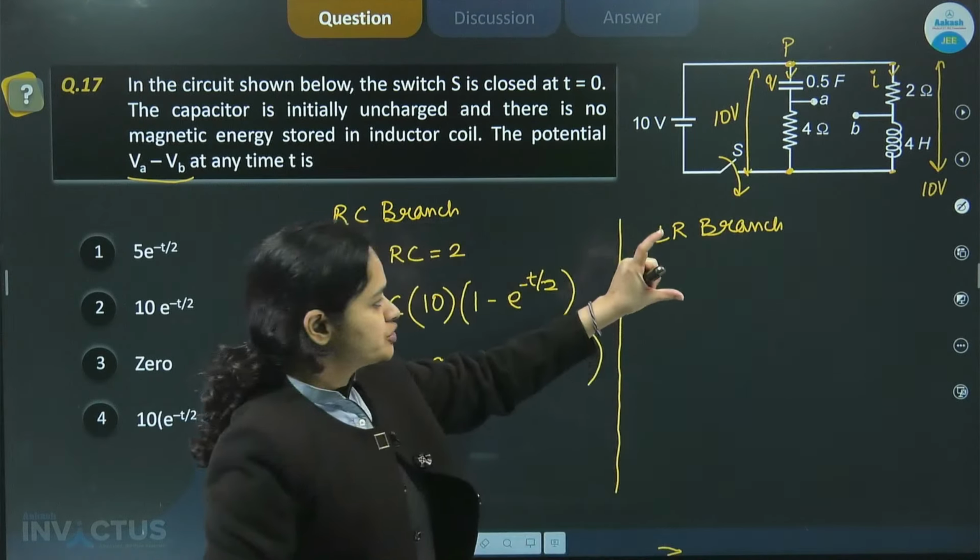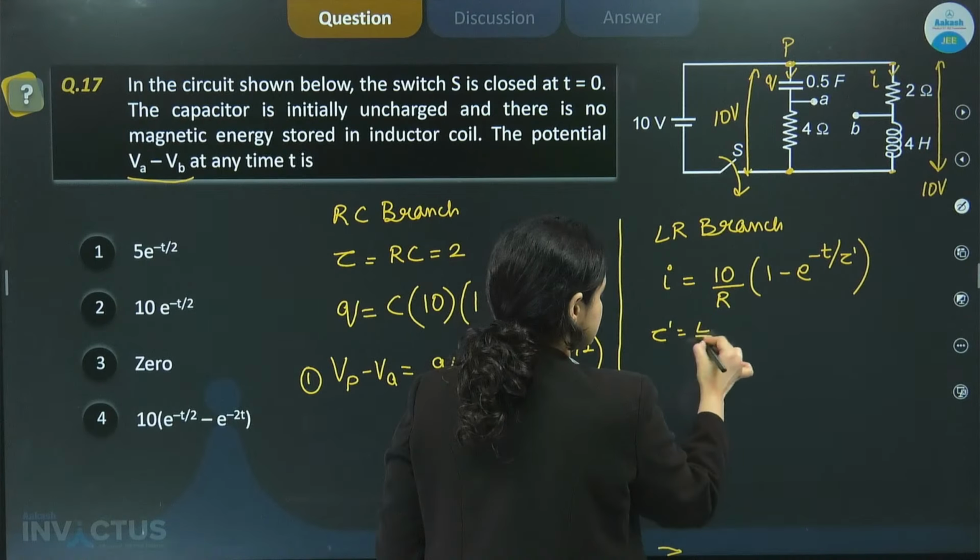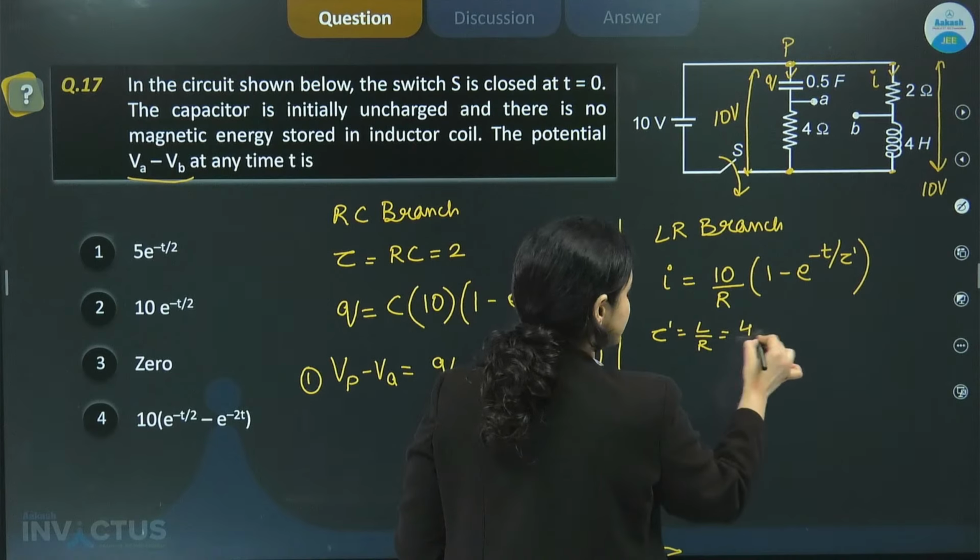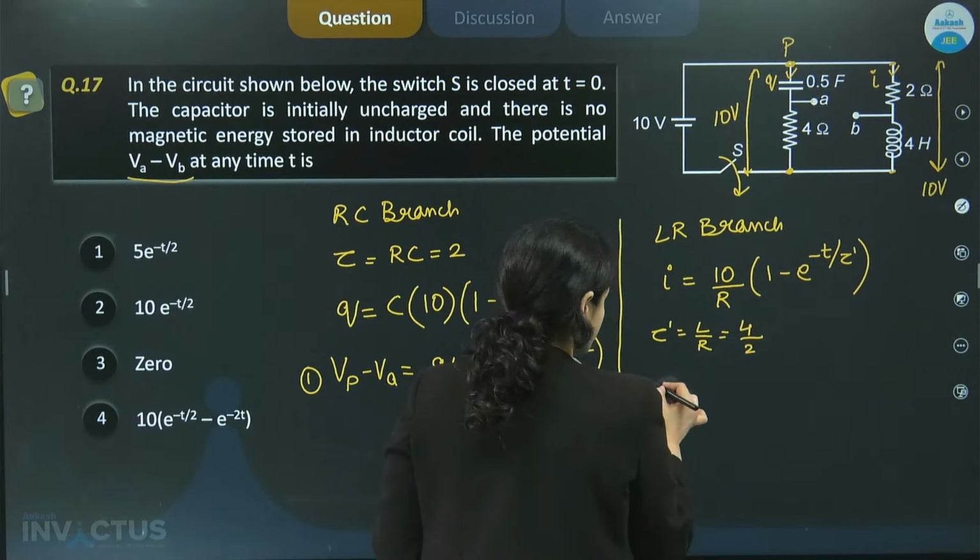So I naught I can write as the maximum potential difference across the branch divided by the resistance, into 1 minus e to the power minus t by tau dash. Now tau dash is equal to L upon R. So this is going to be t by 4 by 2. Okay, so I is turning out to be 10 upon R.